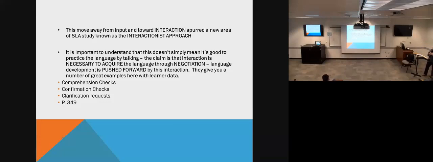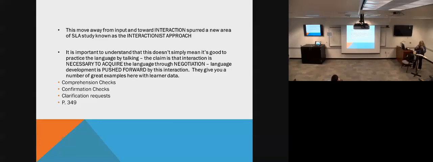So what's important to understand about the interactionist approach is it doesn't just mean it's good to practice speaking, right? It is good to practice talking. But the claim by the interactionists is that it's necessary to acquire the language through negotiation, okay? Language development is actually pushed forward by this interaction, okay?